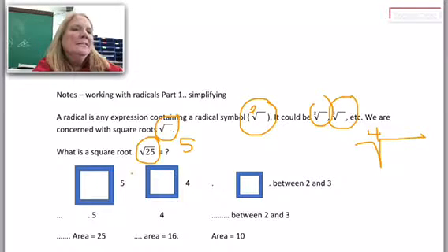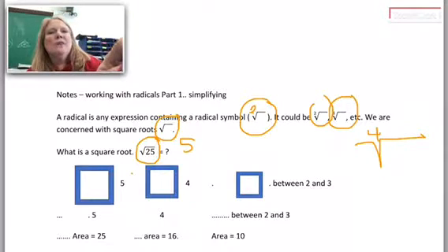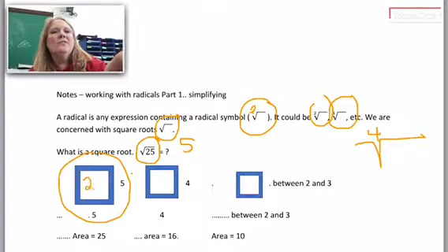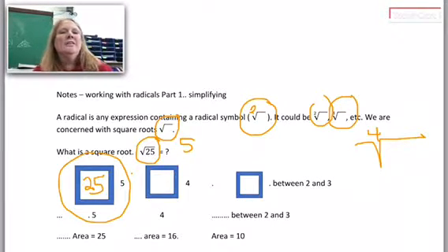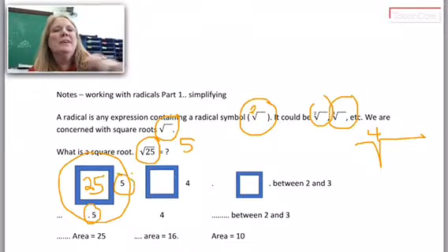What does that mean? A square root is, if you think of a square, like I've drawn a square right here, if the area of the square is 25, then the two numbers that the sides of the square could be would be 5. 5 times 5 is 25. So that's what we mean by a square root.